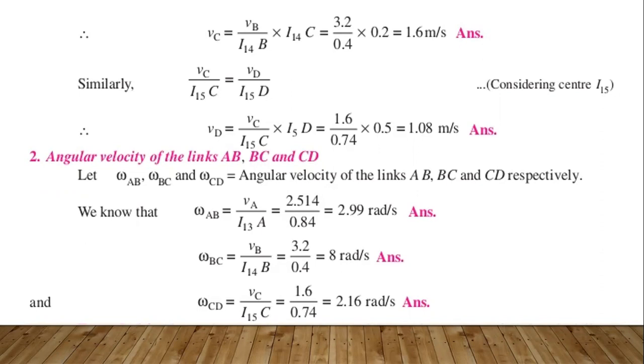So let omega of AB, BC and CD be the angular velocities of links AB, BC and CD respectively.